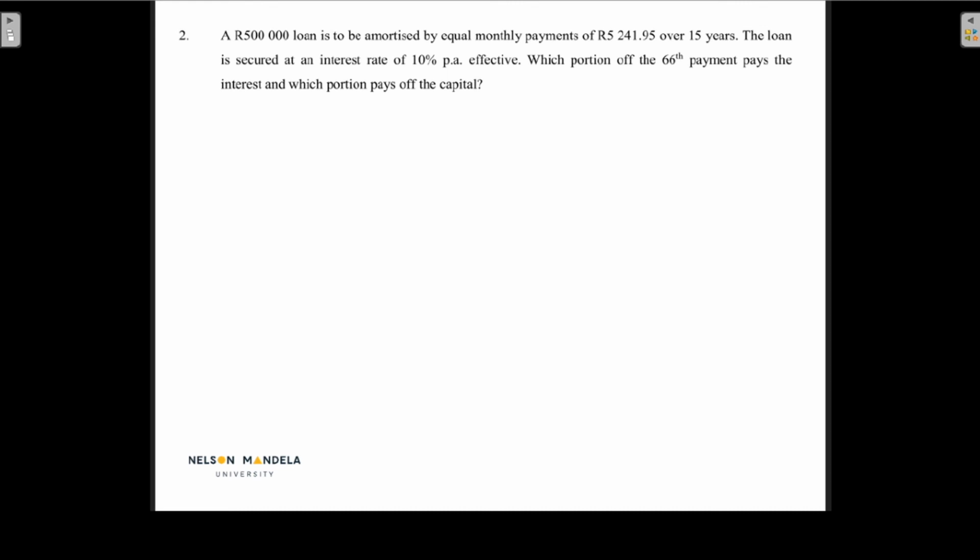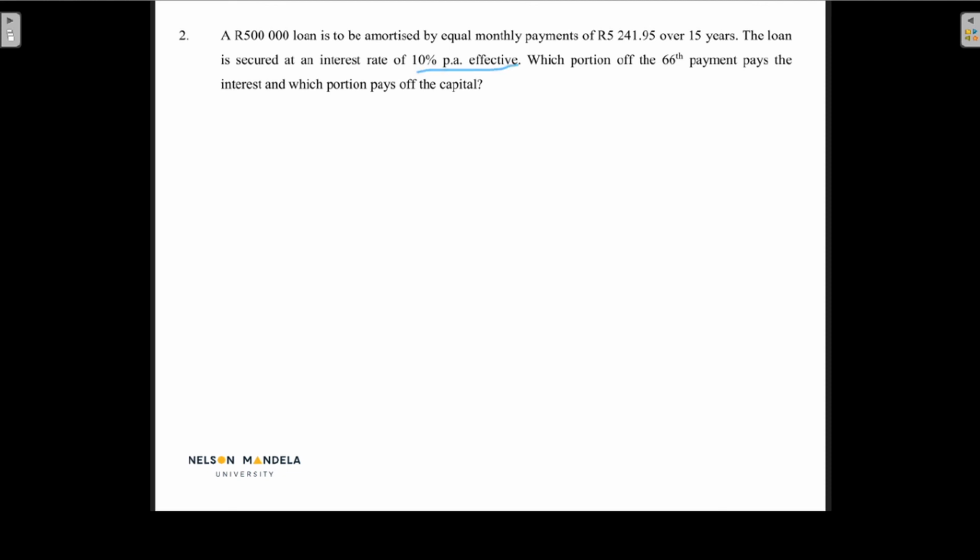I'm not going to do this in all the detail, just a few hints. First of all, you have to recognize that this is a complex annuity. Why do I say it's a complex annuity? Because the interest rate compounding period is per annum. It's 10% per annum effective.